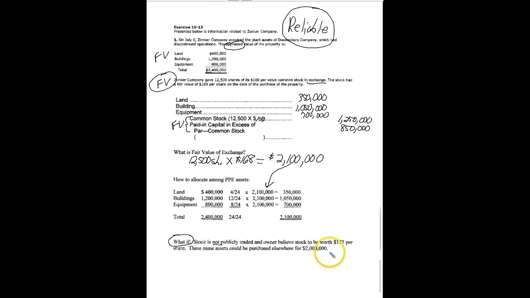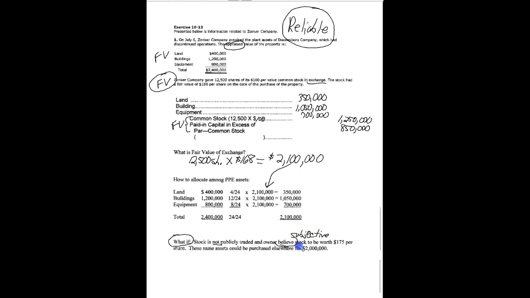Which is more reliable, the stock price of $175 or the $2 million? The owner believes his or her stock is worth $175. That's not very objective, is it? It's really quite subjective and kind of their own opinion. Because it's subjective, that makes it less reliable.